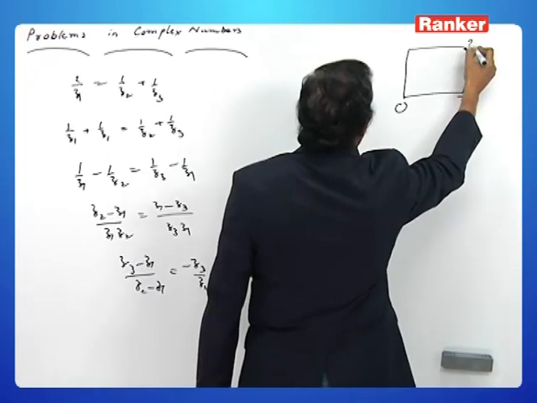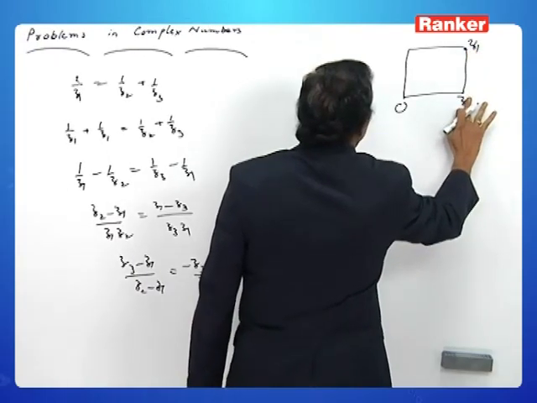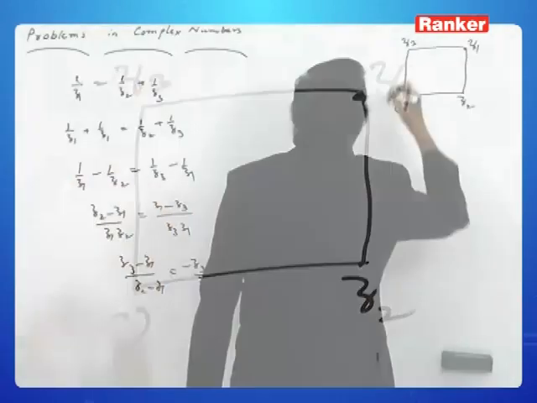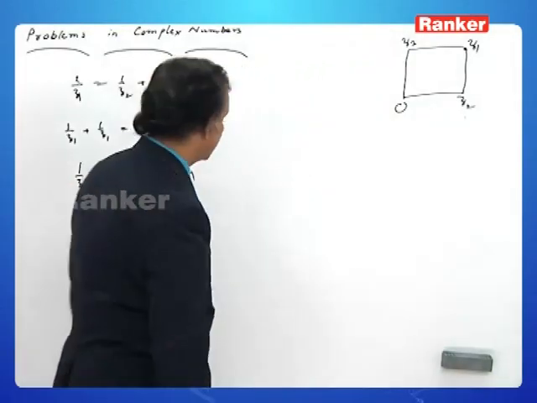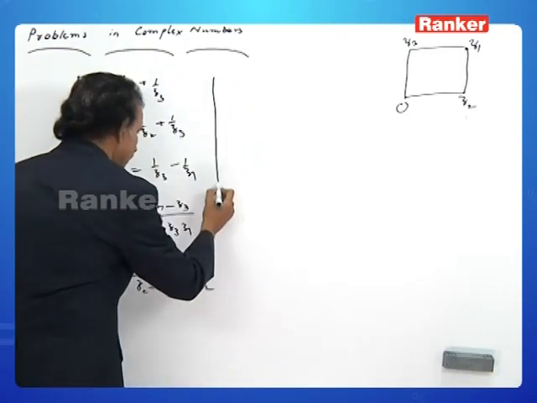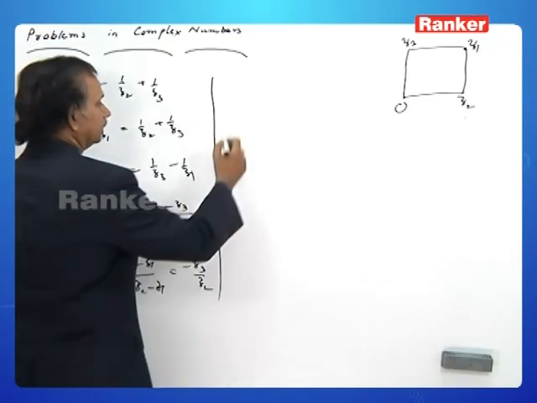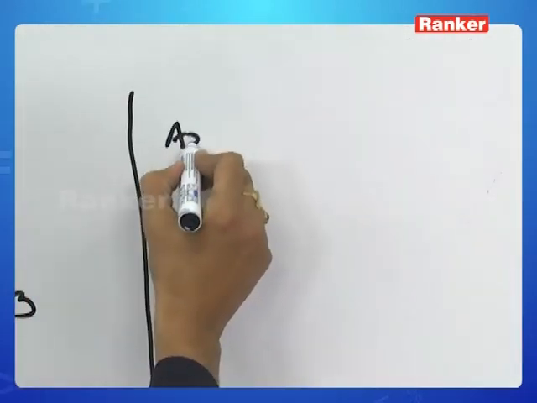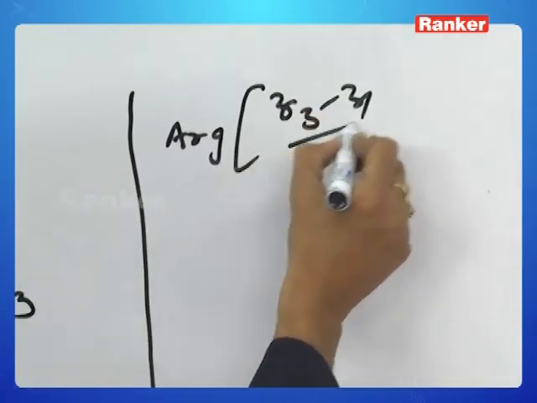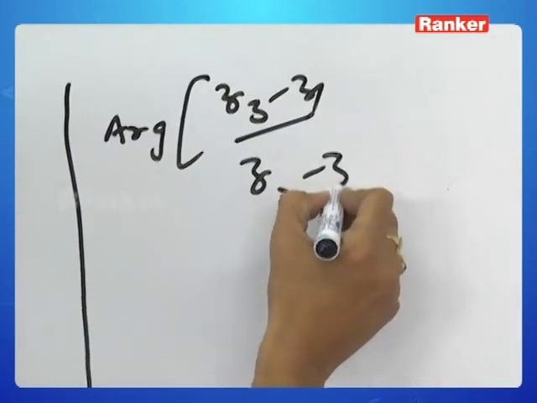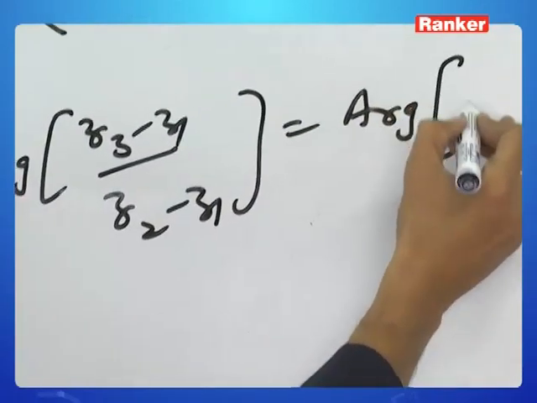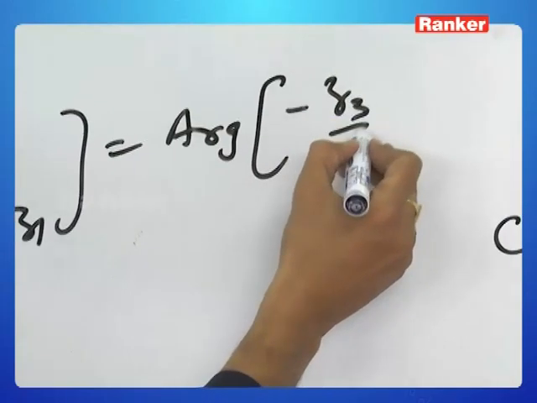Z1, Z2, Z3. Imagine. From the last step, what can you see? Argument of (Z3 minus Z1) by (Z2 minus Z1) is equal to argument of minus Z3 by Z2.